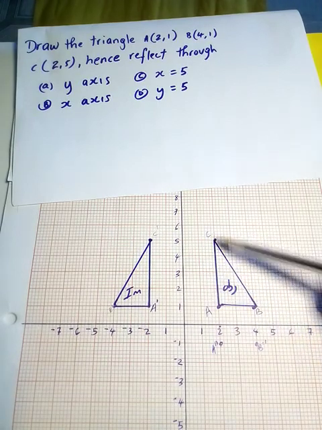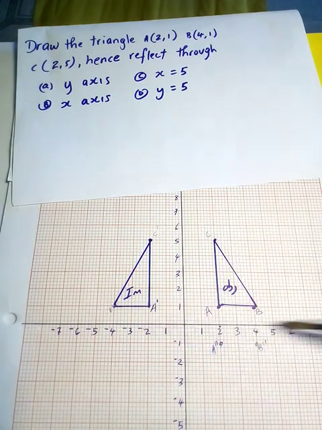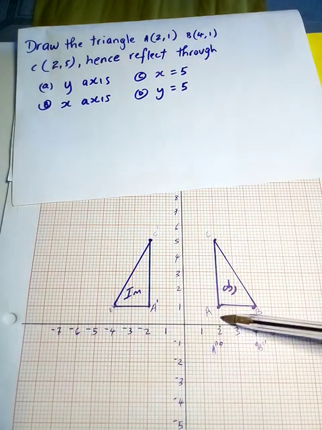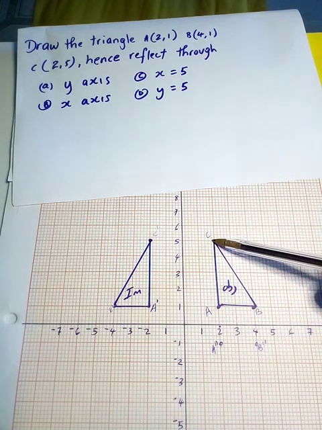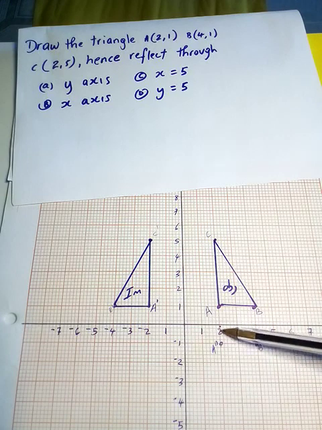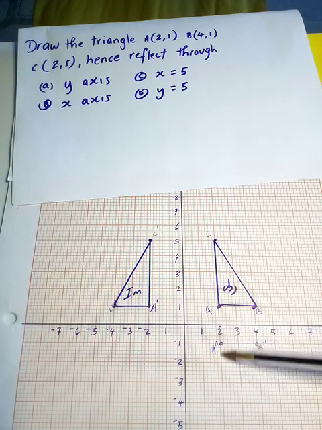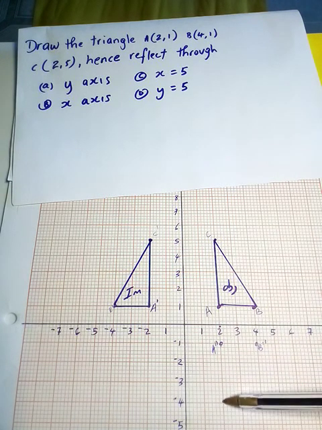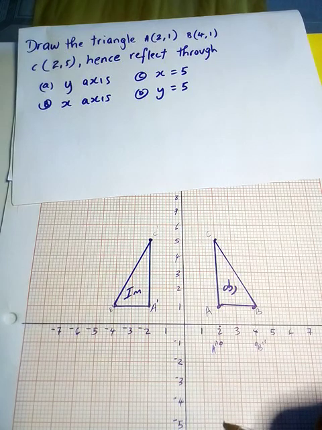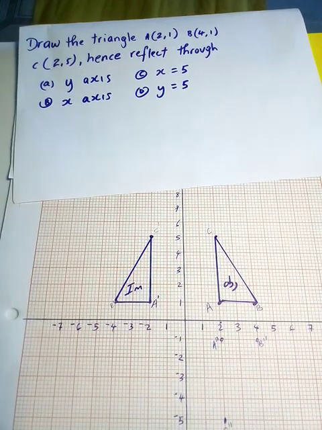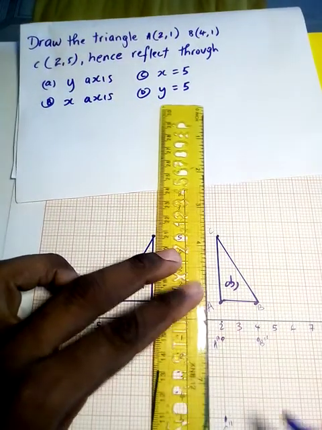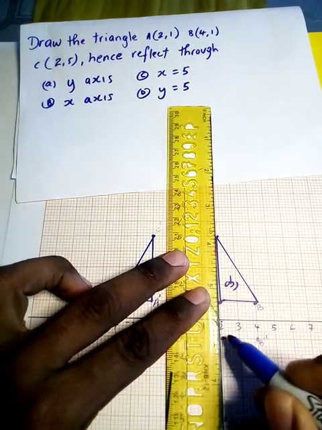How far is C from the mirror line? 1 space, 2 space, 3 space, 4 space, 5 space. So I need to count 5 spaces going this way, opposite direction. 1, 2, 3, 4, 5 spaces. So this is C prime prime. Now we can create our second image from the object.